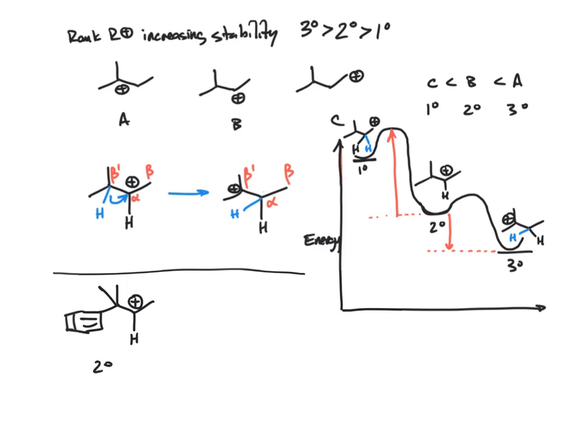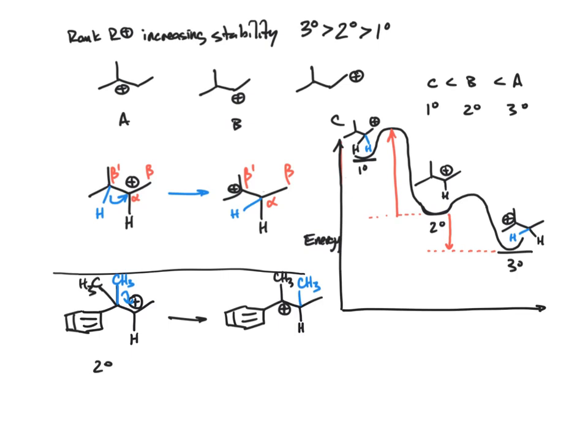So we have secondary. Again, I'll draw this in blue. So now you have tertiary, but it's also further stabilized because the carbon is next to a benzene ring.